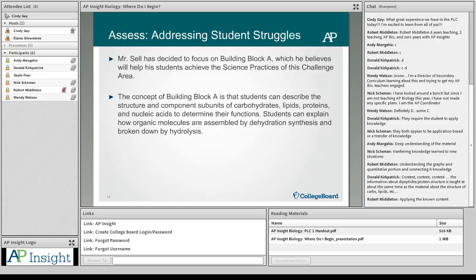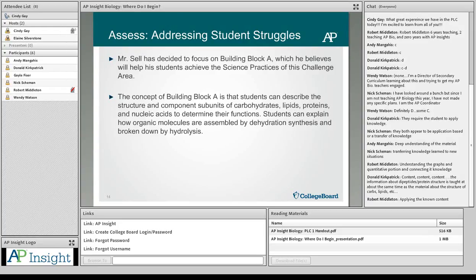And so what we're going to take a look at now is that as Mr. Sell looked at those questions, Mr. Sell decided at this point in his curriculum that he really wants to focus on building block A. And as we review that concept, it's really about structure and function.